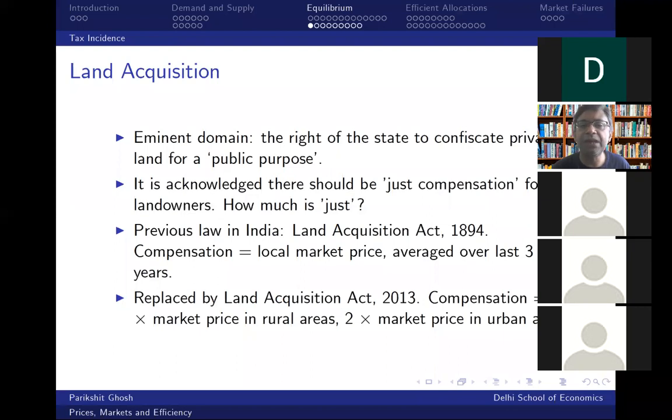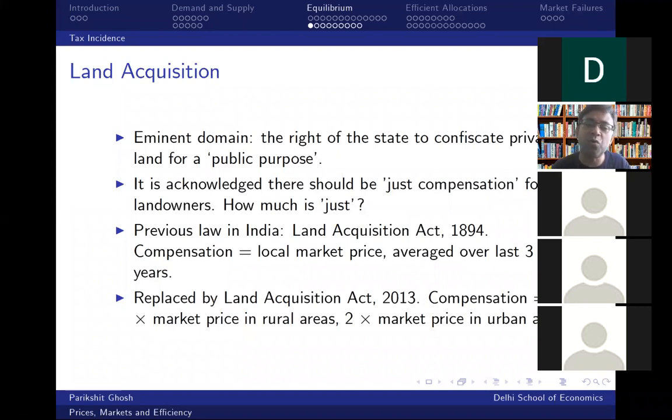Eminent domain laws basically say that the state, for the greater common good, has the right to take away somebody's private property in exchange for just compensation. So the law has two aspects. It says that you cannot just, no matter what, hang on to your private property if the state deems that that property is required, let's say to build a road, a railway, or something that affects greater society.